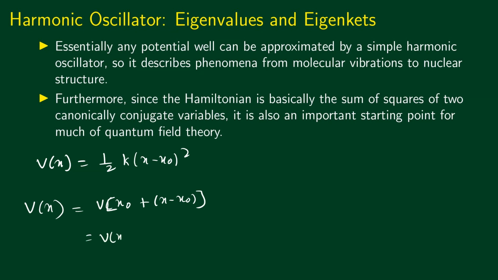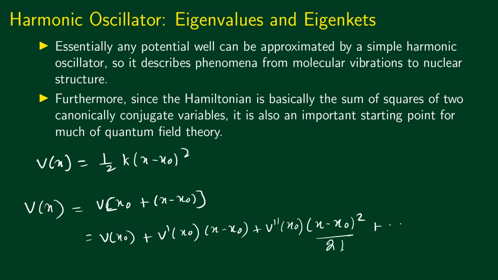This would be V(x0) plus V′(x0) multiplied by (x − x0), and the next term would be V″(x0) multiplied by (x − x0)² divided by 2 factorial, plus etc. Here V′(x0) means the derivative of V(x) evaluated at x equal to x0. Similarly, V″ means the second derivative evaluated at x equal to x0.